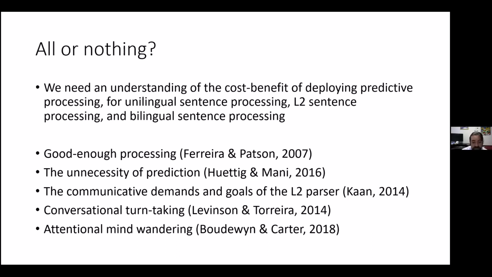And then more recently, I've been made aware of this mind-wandering literature, which essentially demonstrates that in any given experimental session, participants are not paying attention about 40 to 60% of the time, right?